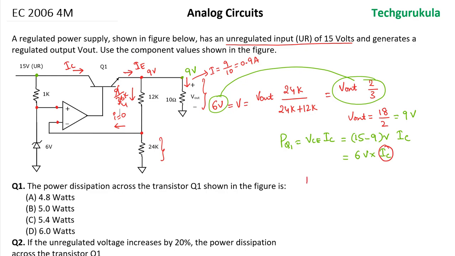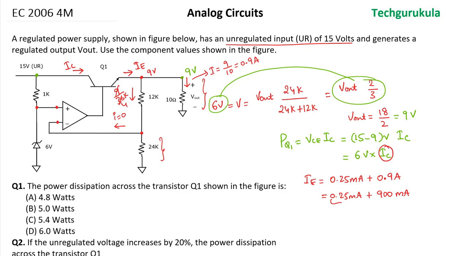So, IE will be equal to 0.25 milliamperes plus the current through the 10 ohm resistor, which is 0.9 amperes, which is 0.25 milliamperes plus 900 milliamperes.